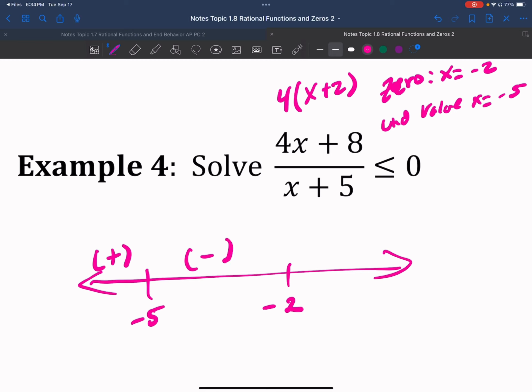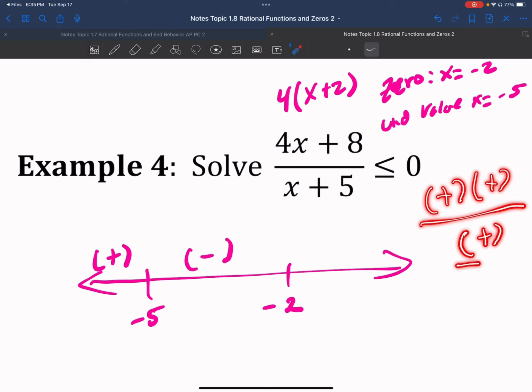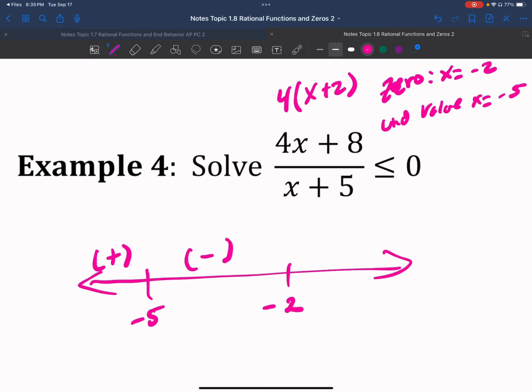For the last one, I'm going to pick a number greater than -2, like 0. So positive for the 4, 0 plus 2 is positive, and 0 plus 5 is also positive. All of them are positive, meaning my last interval will also be positive.